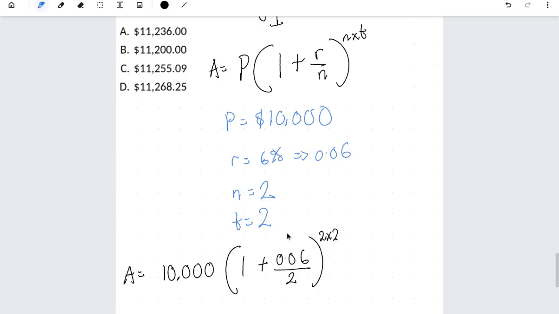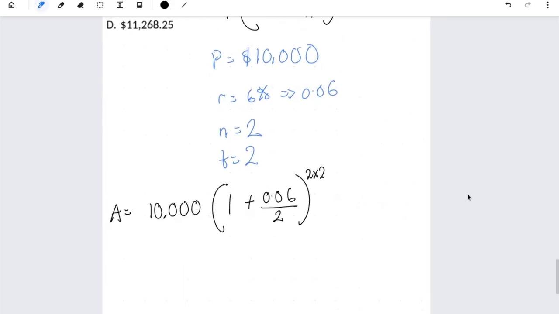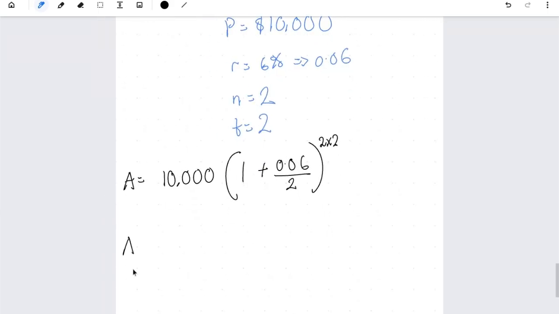I mean, N is 2, T is 2. So we continue. A is equal to 10,000 bracket 1 plus 0.06 divided by 2, that's 0.03. Forgive my bracket. 2 times 2, that's 4, so that's to the power of 4.